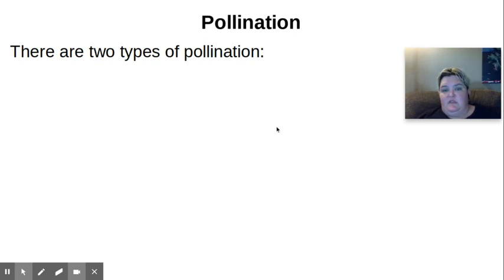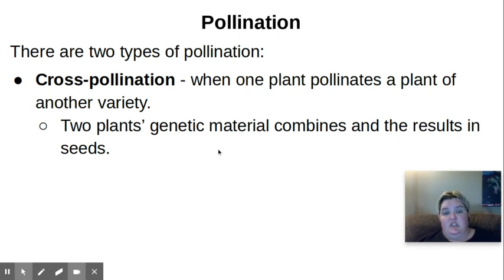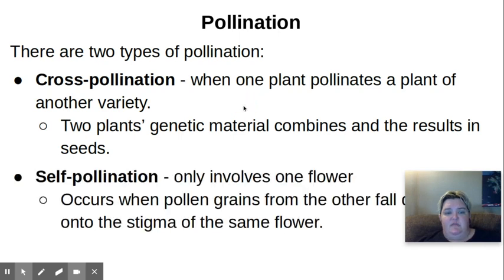There are two types of pollination. The one we just saw in the picture is cross-pollination. That is when one plant pollinates a plant of another variety, but still in the same species. Two plants' genetic material combines, and that results in seeds. The other type is called self-pollinating.